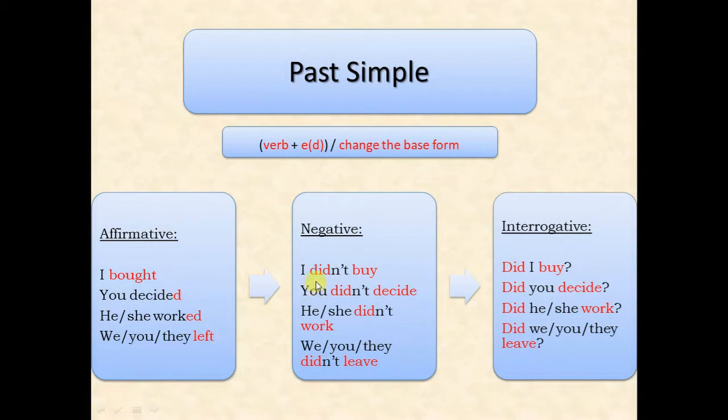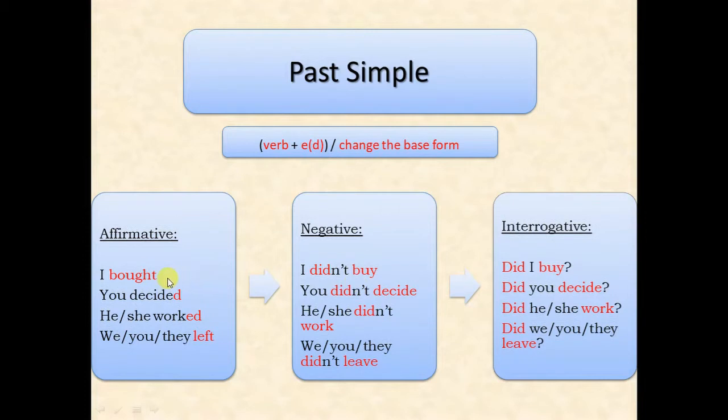Now, negative, we use the auxiliary did in order to build the past simple negative. So, I didn't buy. You didn't decide. He didn't work. And we didn't leave. And here you can see the infinitive of bought.